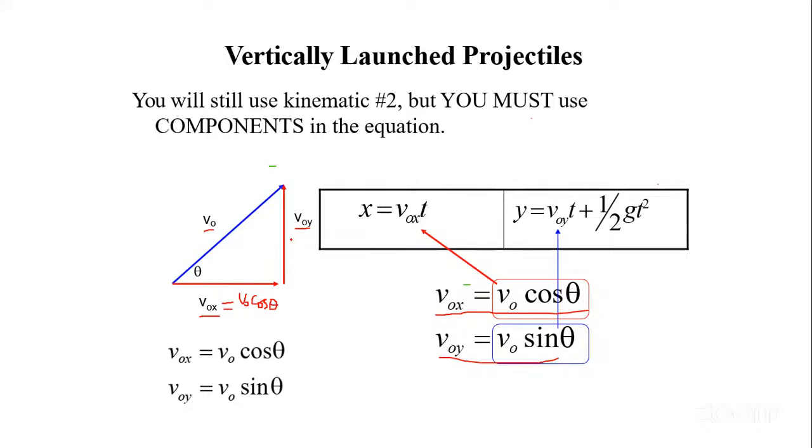And then the vertical component will be hypotenuse, that is v naught sine theta. So that is what we have here, horizontal and vertical components.